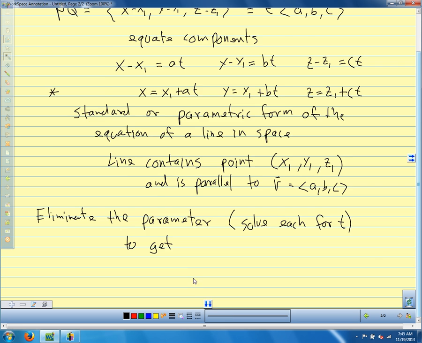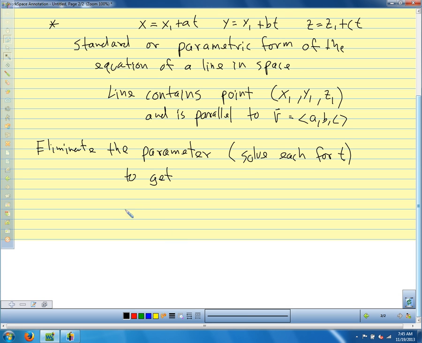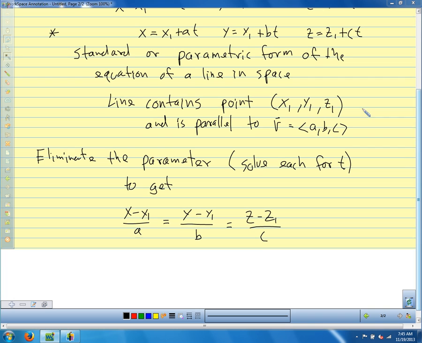So when we eliminate our parameter, we get x minus x1 over a equals y minus y1 over b, and that equals z minus z1 over c. And that comes from solving each of these equations for t.